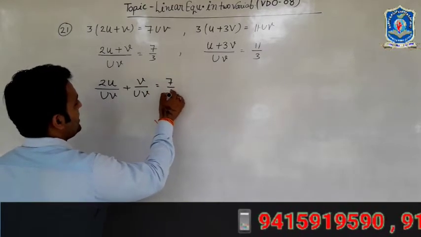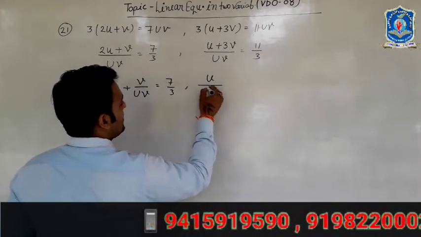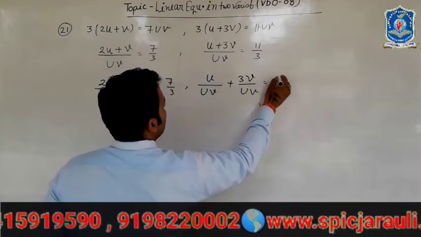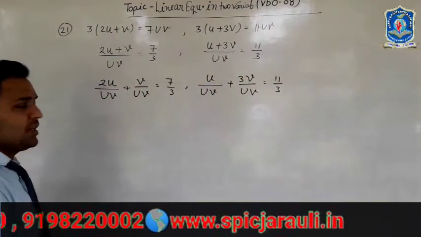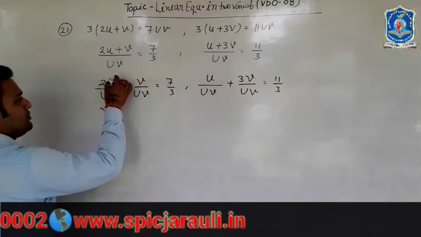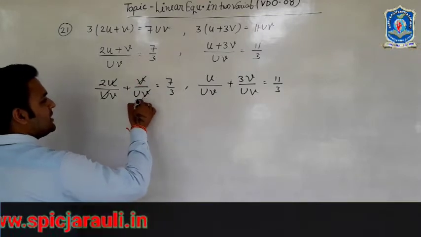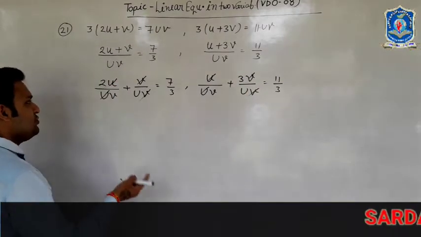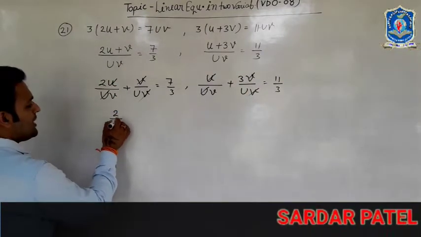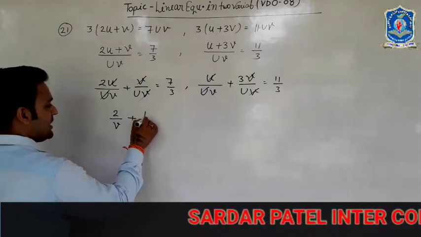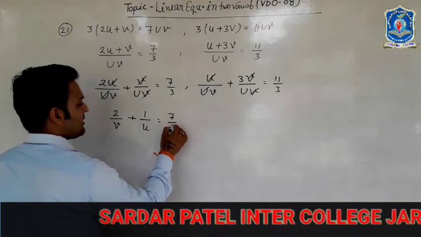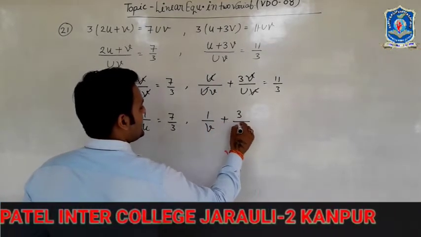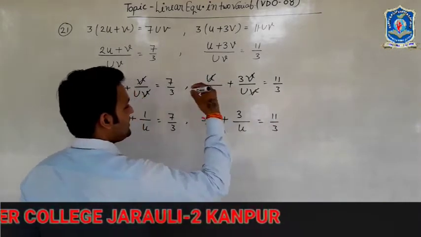It gives 7/3, and u/uv + 3v/uv = 11/3. Here u and u cancel, v and v cancel. The new equations are 2/v + 1/u = 7/3, and 1/v + 3/u = 11/3.